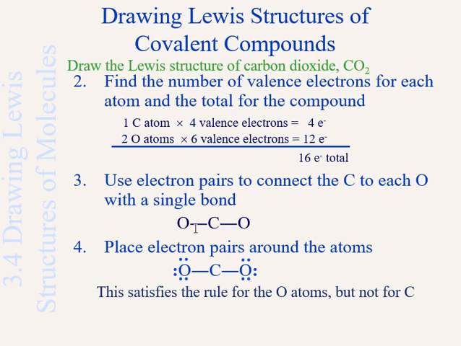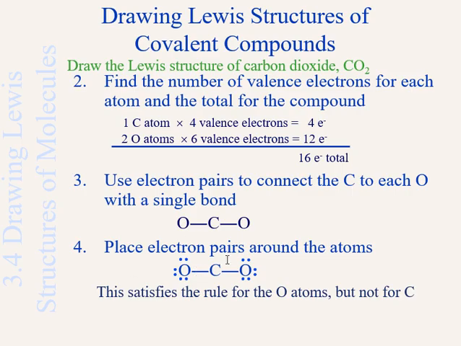Only two, 1, 2. We need to give it 8 because every time they bond covalently, everyone wants an octet. They are not bonding without wanting to gain an octet. That's the number one reason why they bond. So how many pairs of electrons do I give so that all together oxygen has 8? 3 pairs. So if we count each electron, that's 1, 2, 3, 4, 5, 6, and within the bond 2, 7, 8.